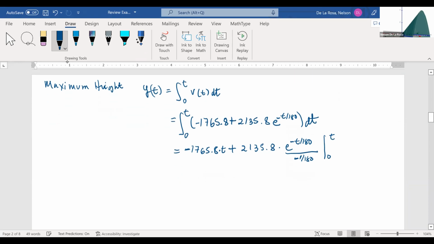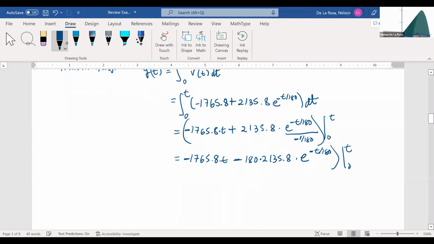So we're going to obtain negative 1765.8 t plus, so we multiply, actually minus 180, because we flip the fraction, times 2135.8 times e to negative t over 180 from 0 to t.